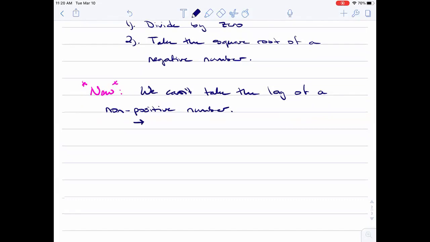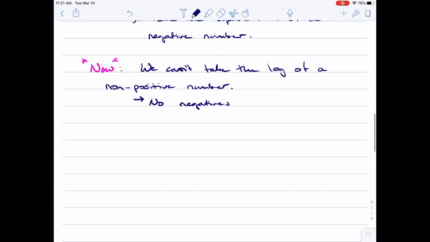Which means no negatives, which is what I was thinking about, and not 0. So we have to add that to have a third item on our list when we're checking for domains. Right?